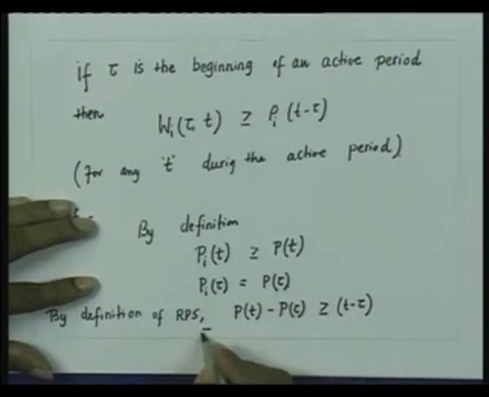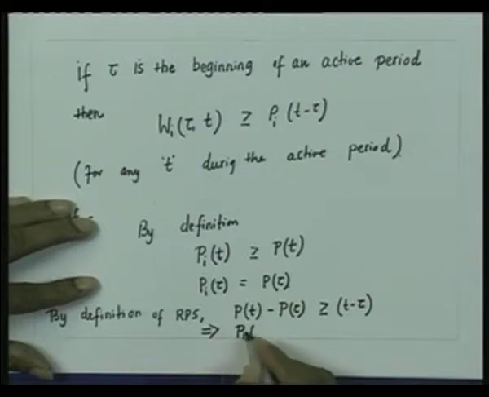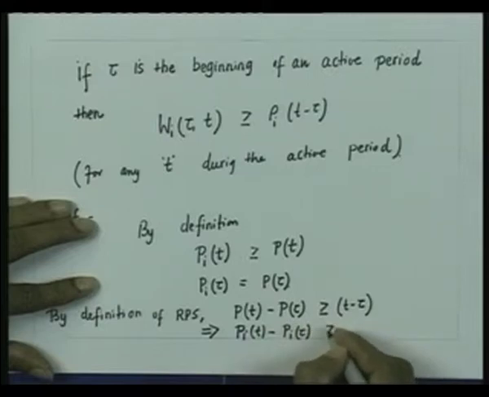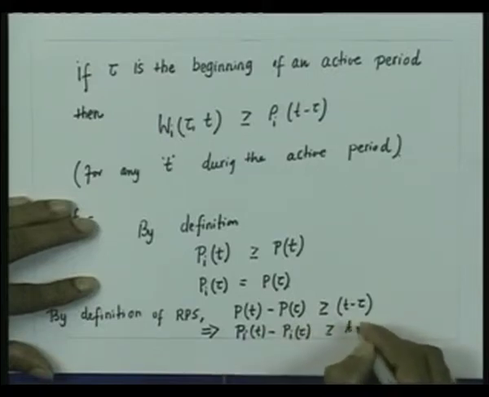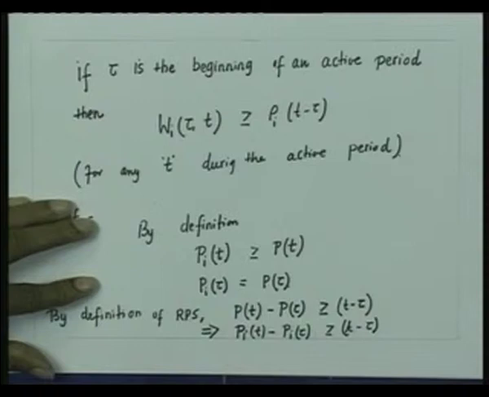So therefore this implies that p_i(t) minus p_i(τ) is greater than or equal to t minus τ.